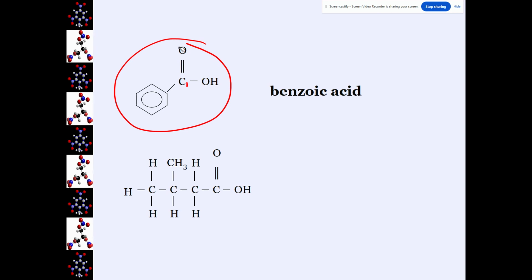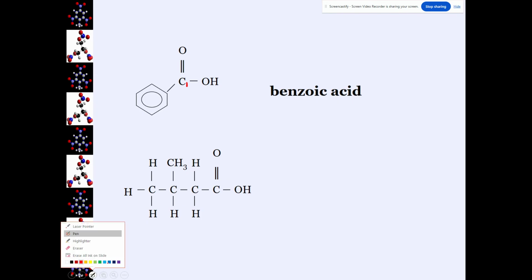This is one whole parent called benzoic acid. Okay. Now I'm going to get into a branch. So my parent is still the longest continuous chain, but it has to be the longest continuous chain that contains the carbon that is double bonded to O and single bonded to OH, and that is carbon 1.